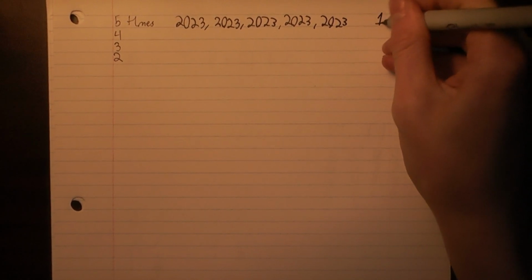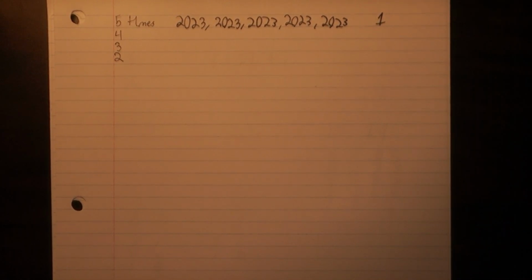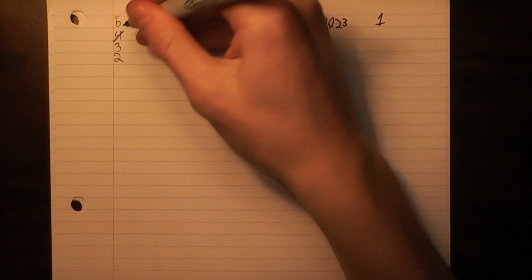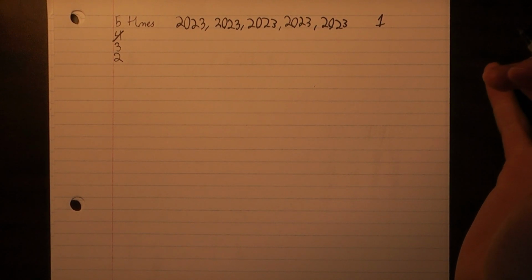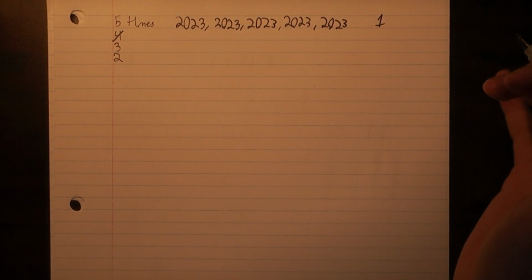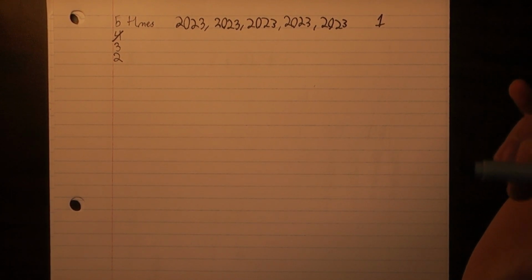There is just one possible list for this. It's impossible to appear 4 times with the mean still being 2023, because if 4 of the integers are 2023 and the last one is, say, 2024, it is slightly off.